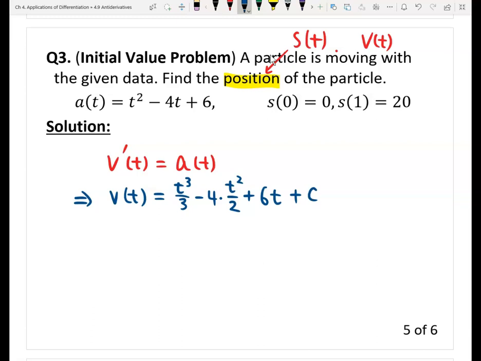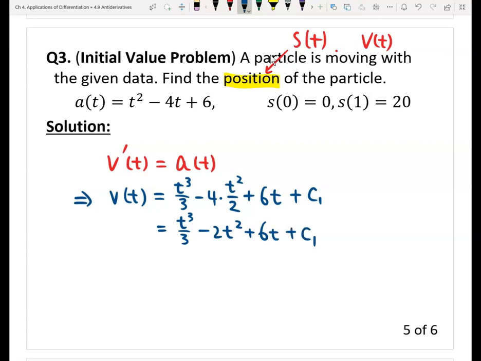Because we have 2 steps, therefore we will have 2 constant numbers. So it's better I give you c1, and simplify a little. So what do we have? This is t to the 3rd power over 3 minus 2 times t squared plus 6t plus c1.